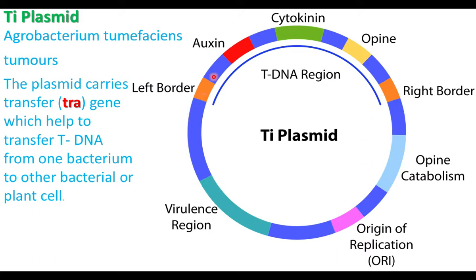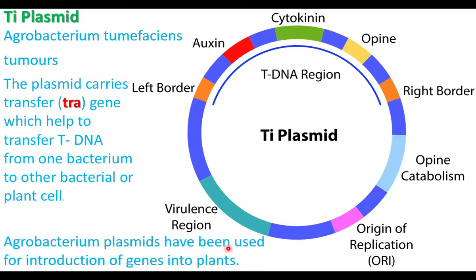When the bacterium enters into the plant cell, the tra gene of the plasmid makes a copy of the rDNA, and the rDNA is transferred into the plant cell chromosome. In this way, the tra gene of Ti plasmid is useful in the transfer of genes from bacterial cell to plant cells.